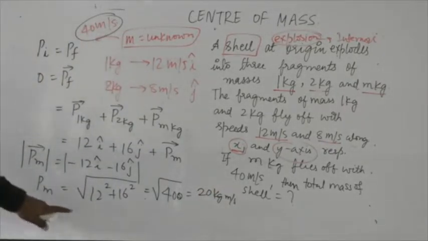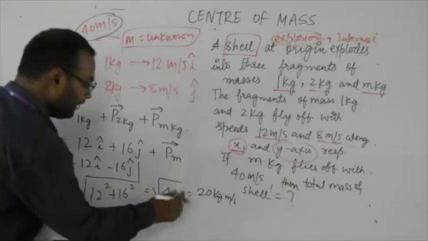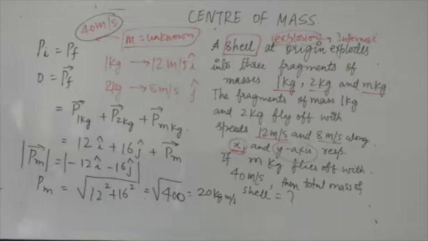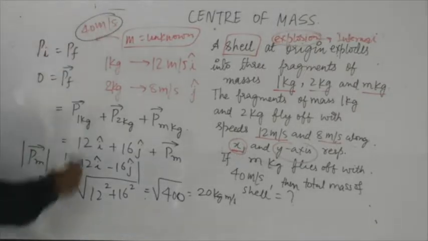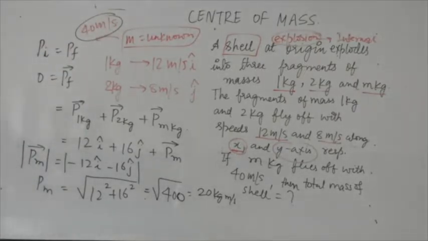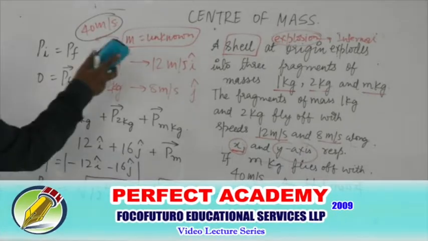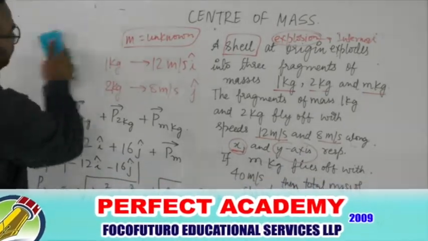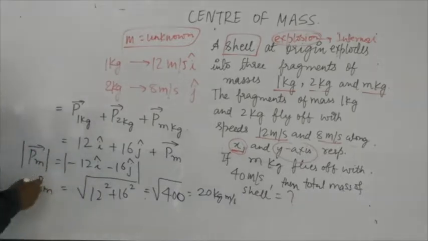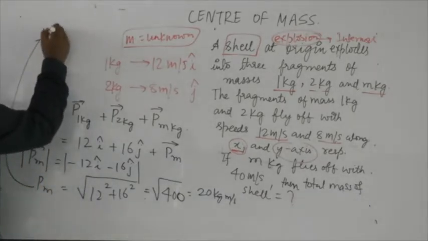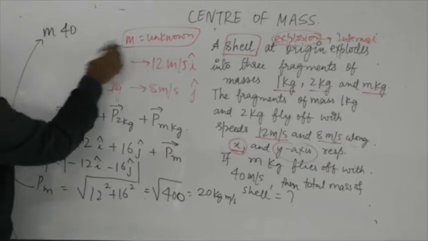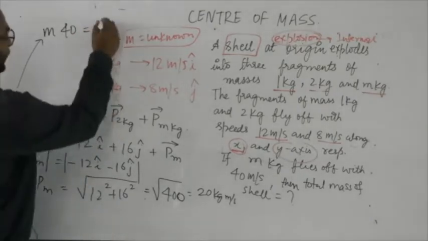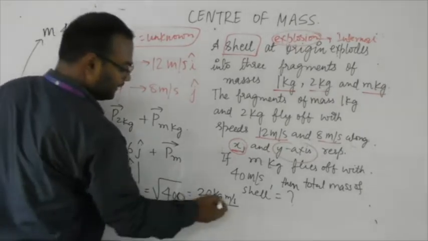Now when the momentum of this mass m is 20 kg meter per second, we can write mass into 40, which is the velocity given for this unknown mass m, equals 20 kg meter per second.